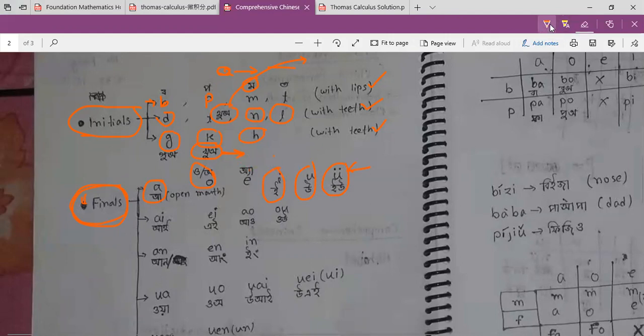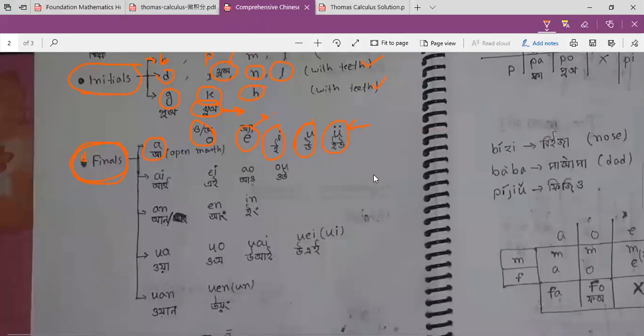What will it be like? Oh, I don't know how to pronounce it. Grace, speak it. O. Then e, u, u. Listen to the pronunciations carefully from Grace.